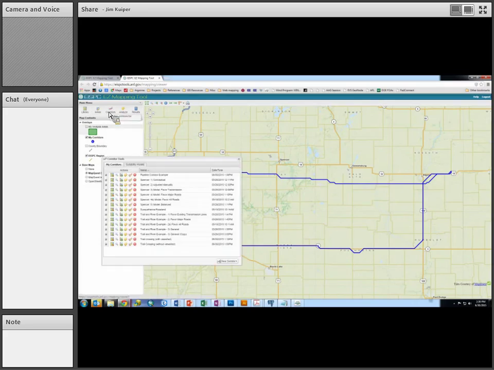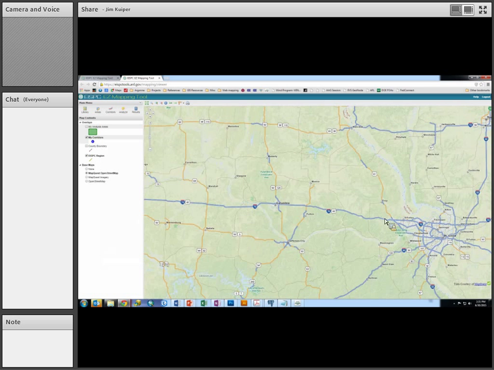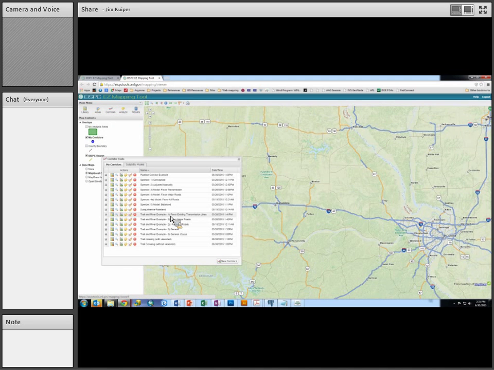And I have another example, longer distance, that shows crossing the Mississippi and a national trail. And let's zoom over to that area. So here's St. Louis, and our first corridor run uses the choice of favoring existing transmission lines.